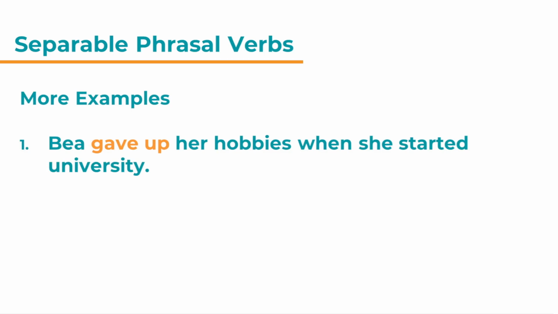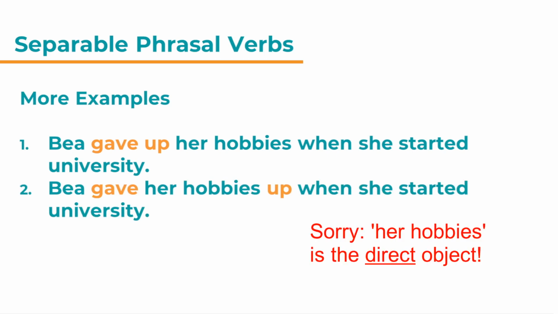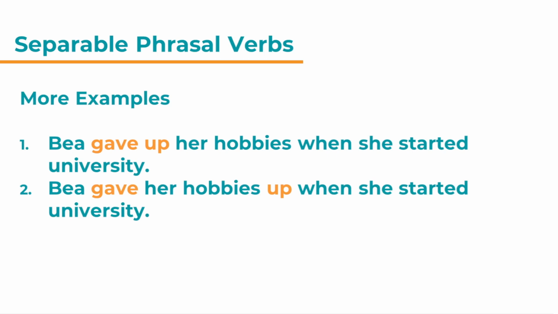Bea gave up her hobbies when she started university. We could also say Bea gave her hobbies up when she started university. Her hobbies is the direct object. It could go after gave up or in between gave and up.